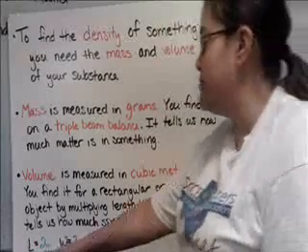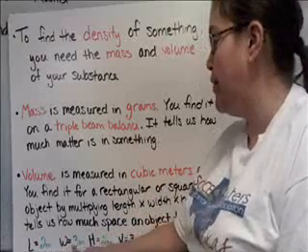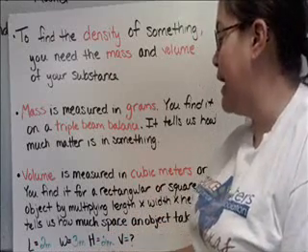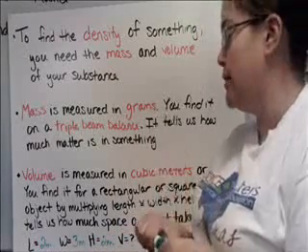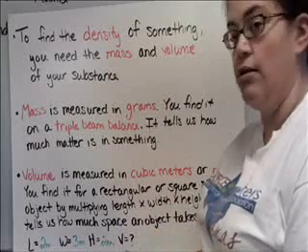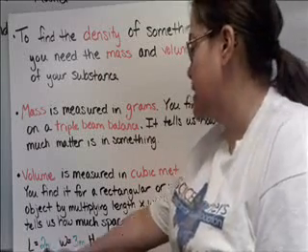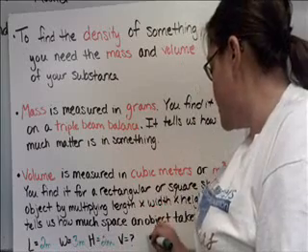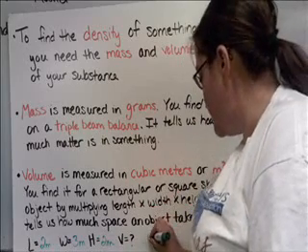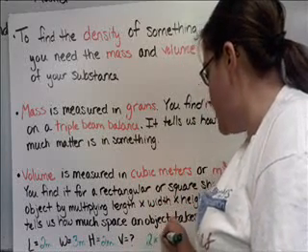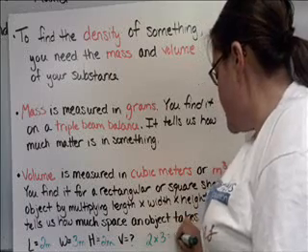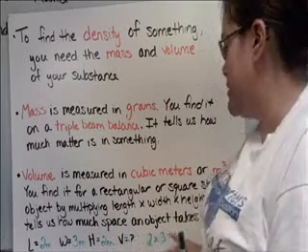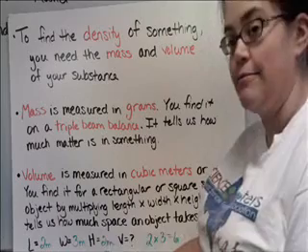So let's do an example here. We have a length of 2 meters, a width of 3 meters, and a height of 2 meters. And we want to see what is our volume. So first I'm going to take my length times my width, so 2 times 3 equals 6. And then I'm going to take my 6 times the height.